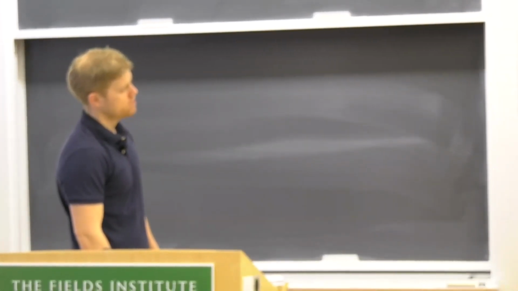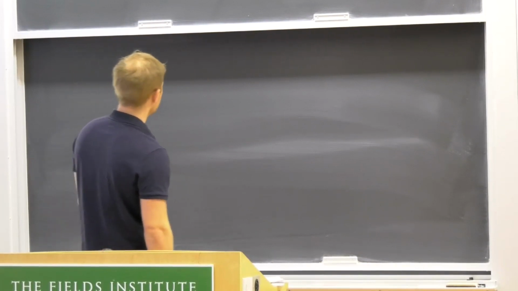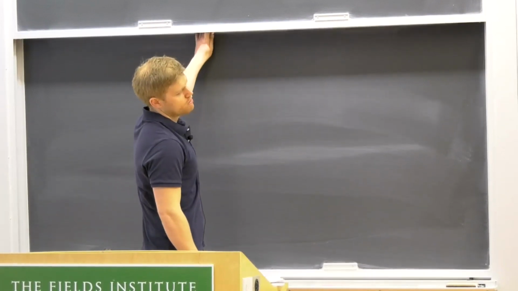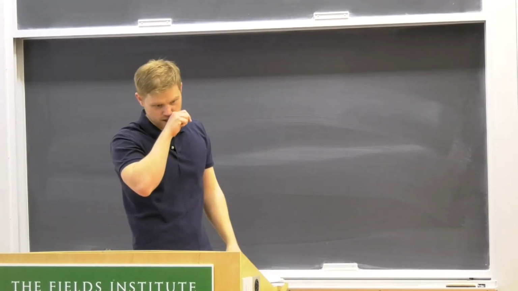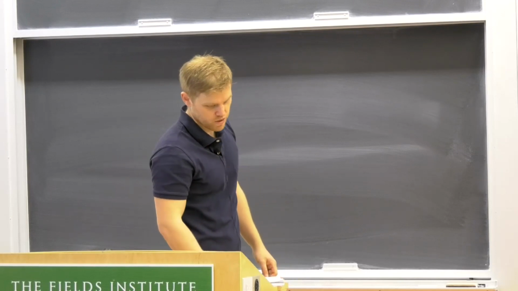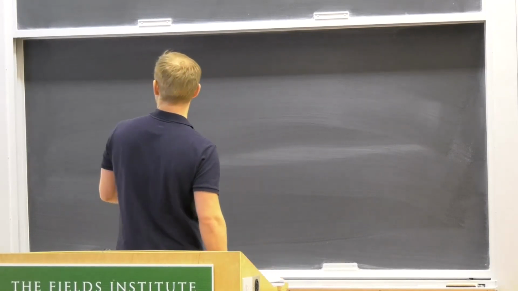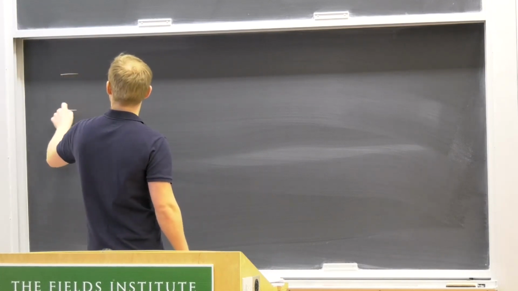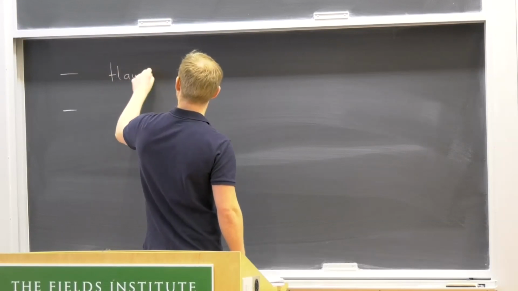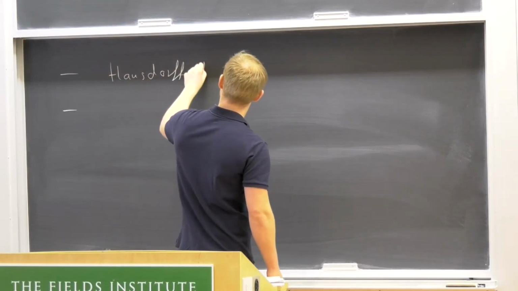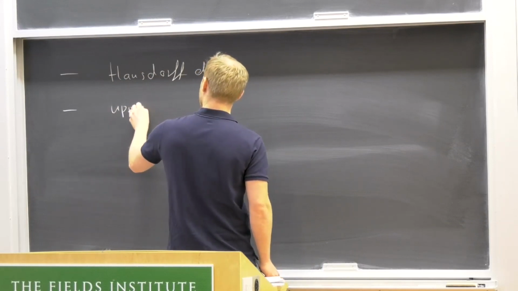The metric dimensions I am going to use are essentially the one that I introduced, Hausdorff dimension, which I will not introduce, except I will use it as a black box because it's so hard to compute. But I will compute more things with upper Minkowski dimension. So the two notions of metric dimension I will talk about are Hausdorff dimension and upper Minkowski dimension.